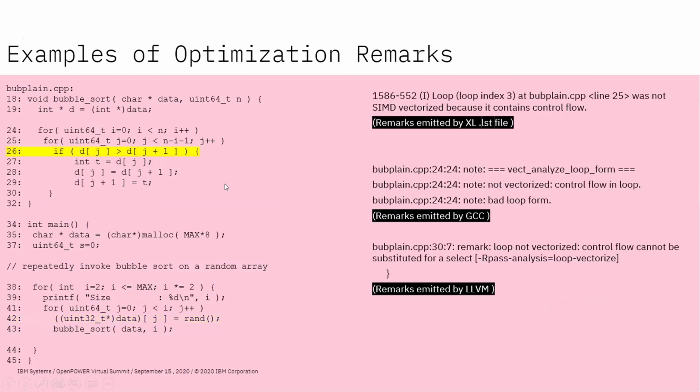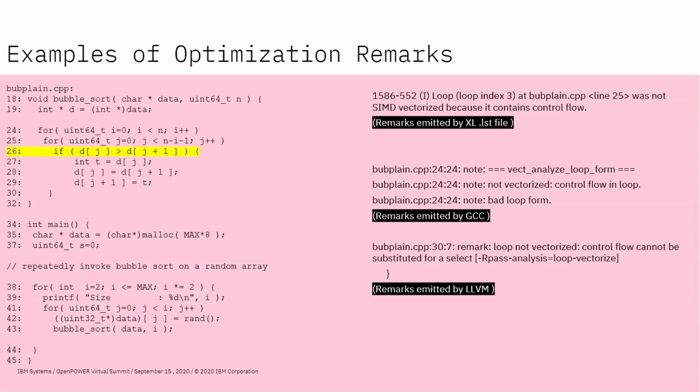Another example, in the same routine in another loop, there is an if condition in a for loop nest, and the compiler again has shied away from vectorizing this code because there is a condition within the loop. This condition happens to be slightly complicated because it's not a simple one-line if condition. There are three instructions within the if clause, and also there are cross iteration dependencies. So the compiler will not vectorize this kind of loop.